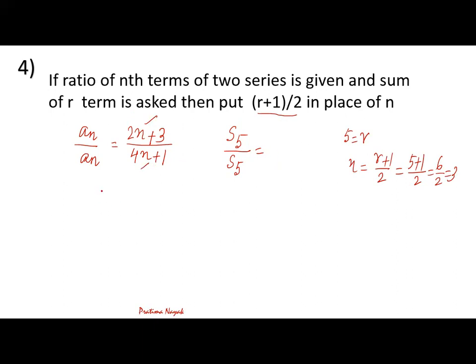So the ratio of the sum of 5 terms in both the series will be 2 into 3 plus 6 upon 4 into 3 plus 11. So it will be 6 plus 6, 12 upon 30.